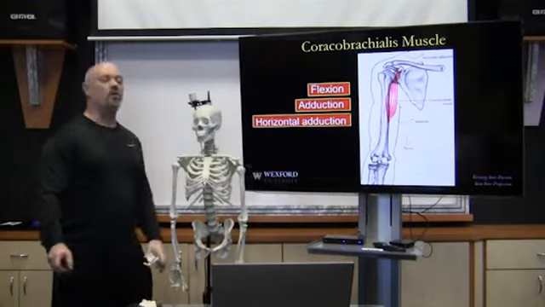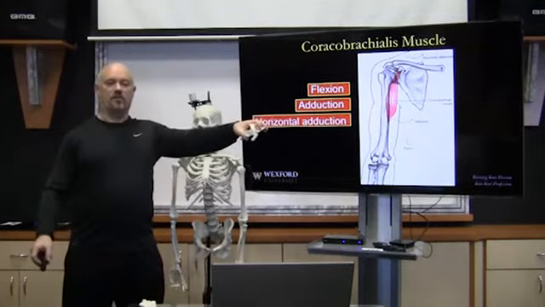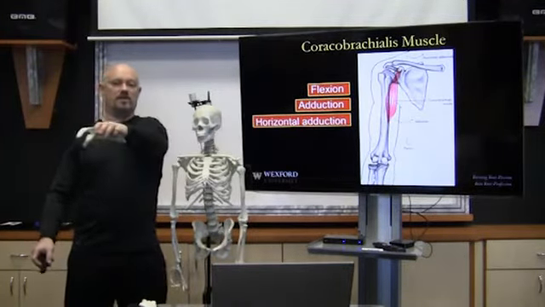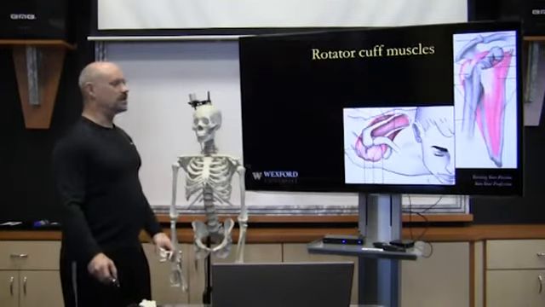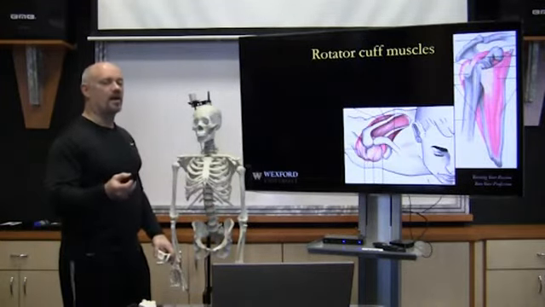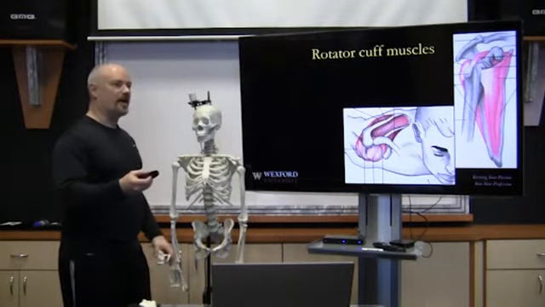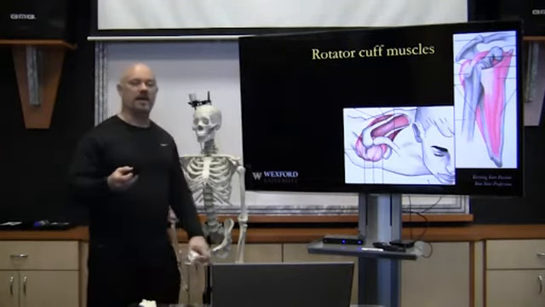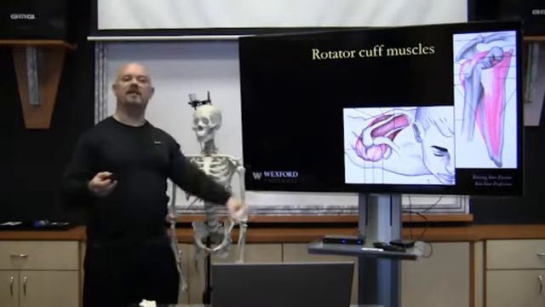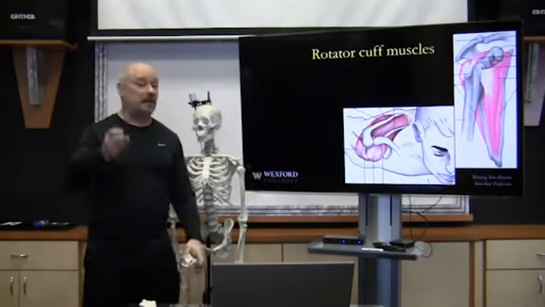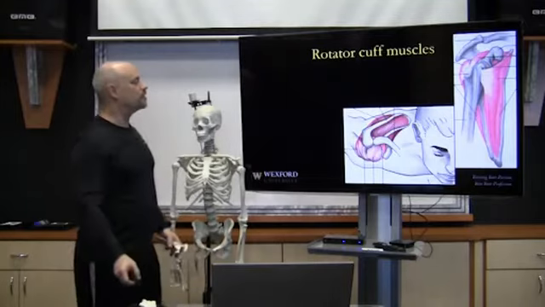It also helps in horizontal adduction. So in this position, it helps pull it in this way. Once again, you've got to look at where it originates, where it attaches or inserts, and how it's working as it pulls on the arm, depending on what position and what plane of motion you're doing.